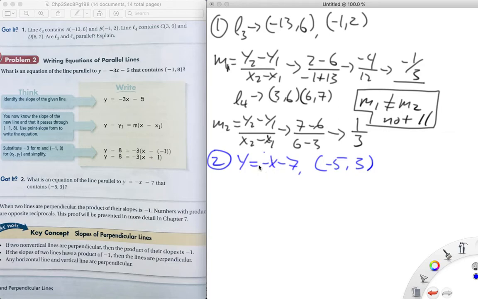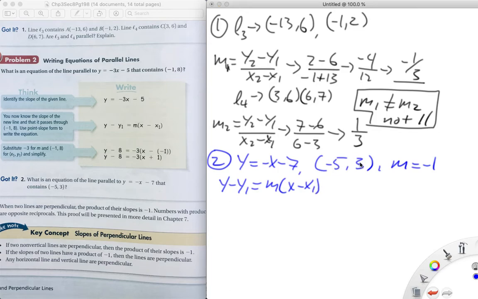Since my initial equation here has a slope of -1, that's our slope. The first thing I'm going to do is put it in point-slope form and then put it in slope-intercept form. So that's going to be y minus y1 equals m times x minus x1.